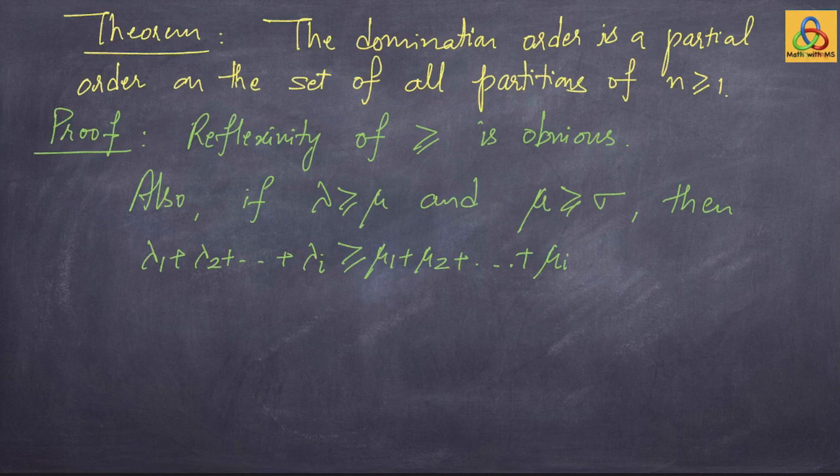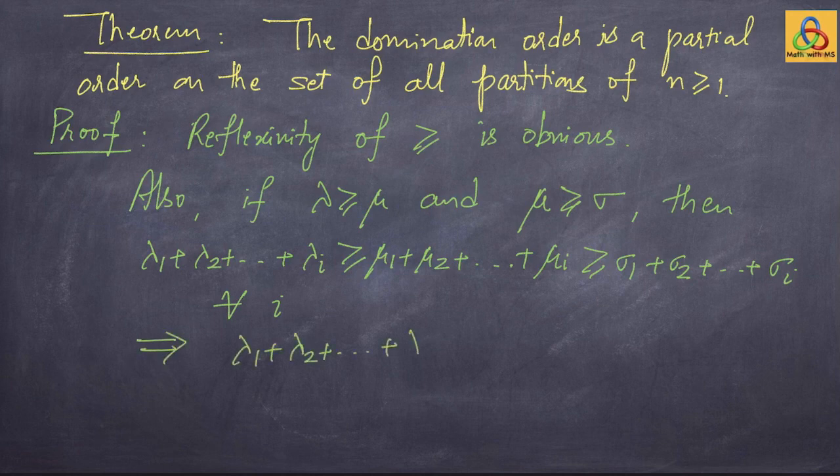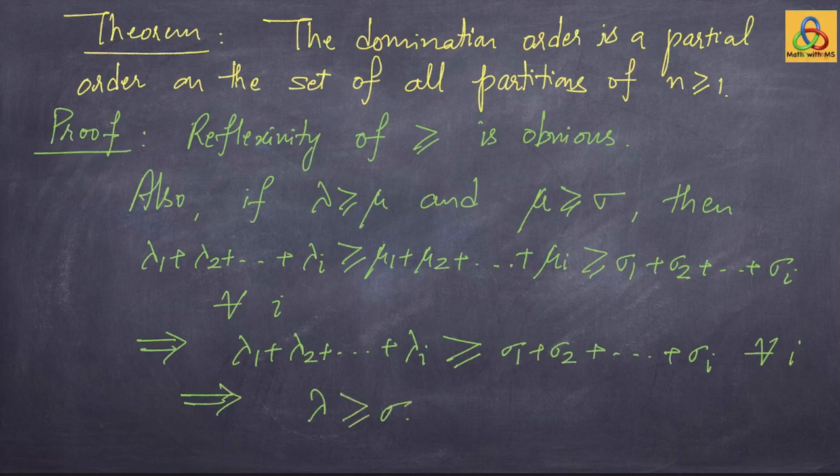But mu 1 plus mu 2 plus so on plus mu i is bigger than or equal to sigma 1 plus sigma 2 plus so on plus sigma i, right, for every i, because it's just an inequality of integers. So this implies that lambda 1 plus lambda 2 plus so on plus lambda i is bigger than or equal to sigma 1 plus sigma 2 plus so on plus sigma i for every i, and this implies that lambda is bigger than or equal to sigma. Therefore, the order is of course transitive.